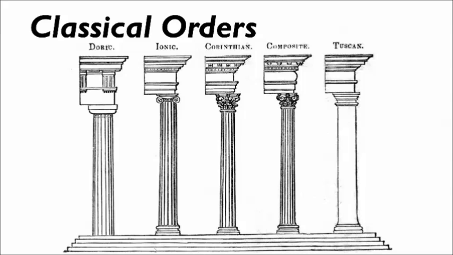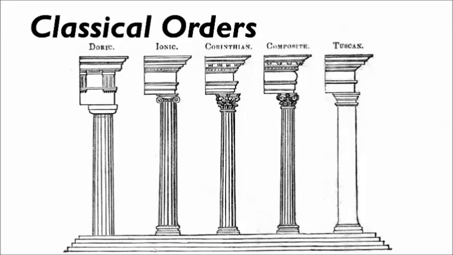A lot of times people can remember this best by the type of columns that are utilized in each of the orders. So the Tuscan column is fairly simplified at the top and the bottom, but it does have a base at the bottom. The Doric column is the only one that does not have a base, but is typically a fluted column, meaning it has some ridges or ribs that go all the way around the side or the length of the column.